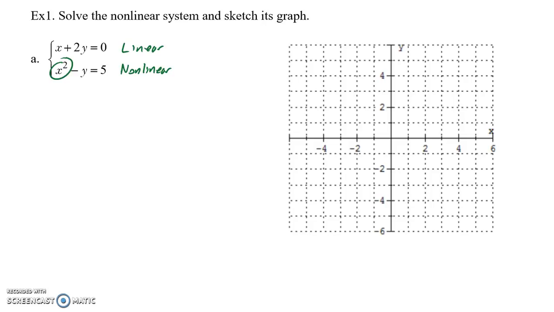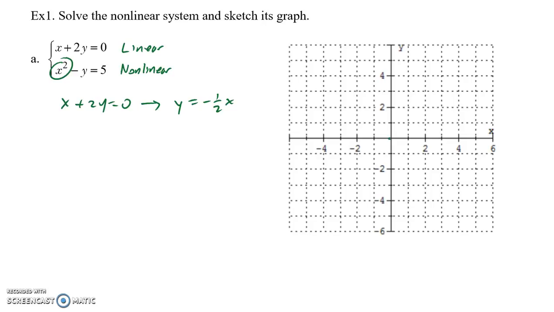For the linear equation, we know that the graph is a straight line. If we take x plus 2y equals 0 and solve for y, it becomes y equals minus 1/2 x. So we would identify that as a line through the origin with a slope of negative 1/2.